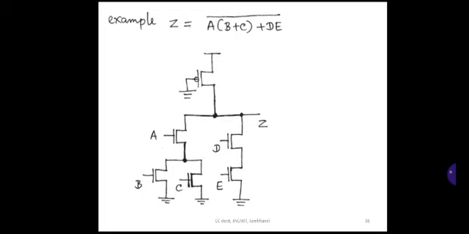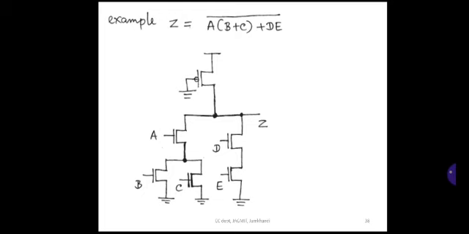For example, consider the implementation of this logic expression, Z equal to A plus BC plus DE whole bar, using pseudo NMOS technology. This expression is drawn using NMOS logic, where the AND operation is performed using transistors connected in series, whereas the OR operation is implemented with transistors connected in parallel.